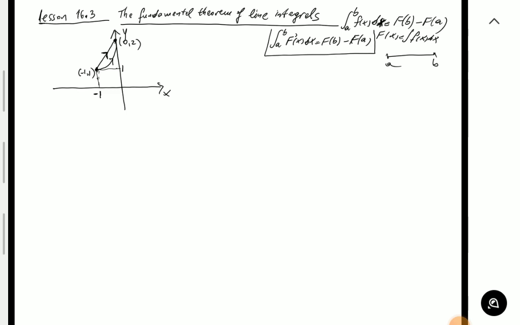And now let's move on to our topic of today. Before I even talk about what the fundamental theorem of line integrals is all about, I like to go through one more example that mirrors the example we did toward the end of the previous lesson. If you want, you can pause the video and go back to the previous lesson.